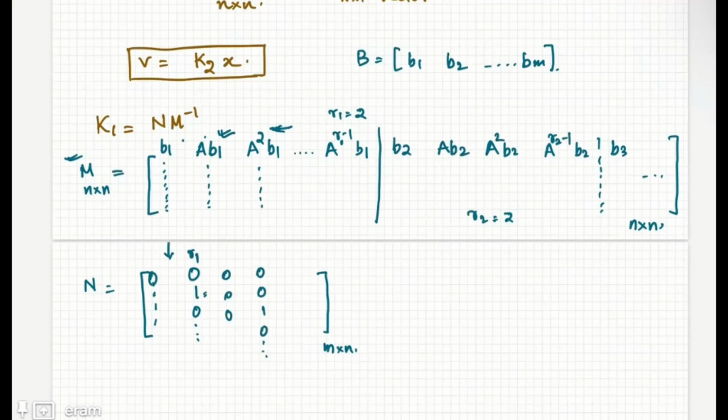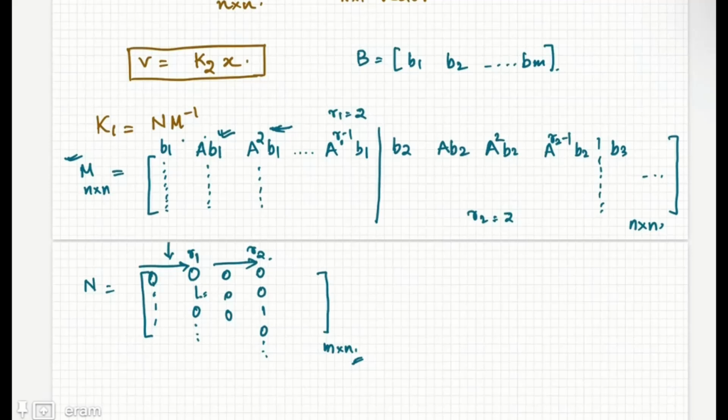Okay, so like this we have to design N such that we get an m cross n matrix, and the first one will come on this second entry on the r1th column, and then similarly from r1 to the r2th column, and so on, such that we get an m cross n matrix.